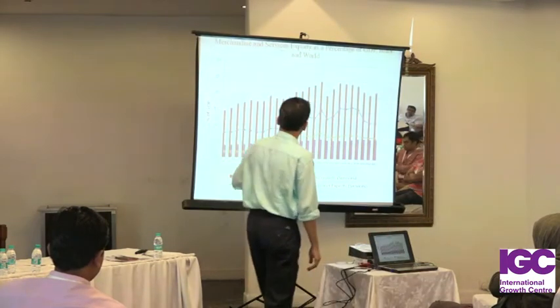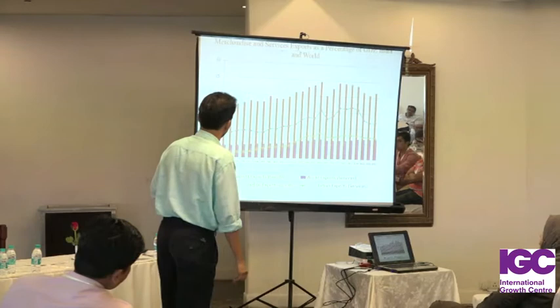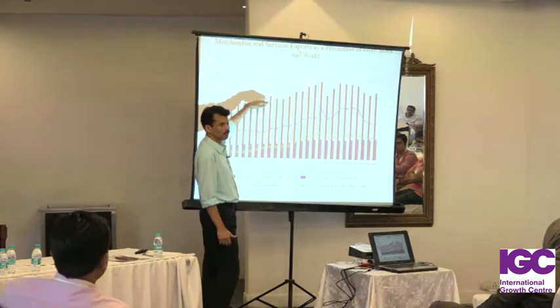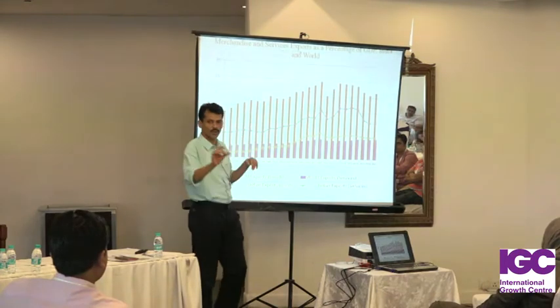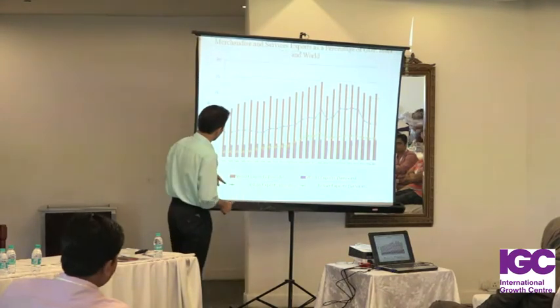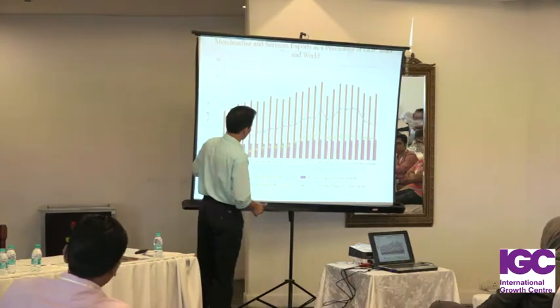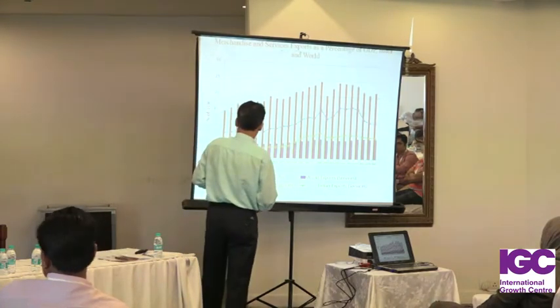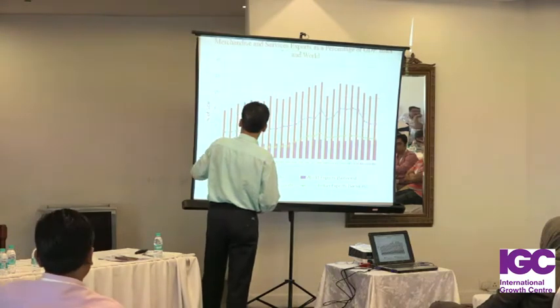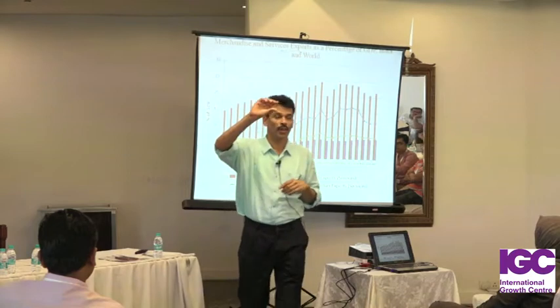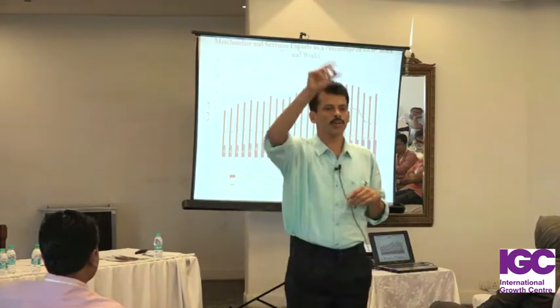Now, this is another graph which shows world exports in goods. This big bar is the world export in goods, and this is the Indian export, as a percentage of GDP, not in absolute terms. So, as a percentage of world GDP, what is world export?